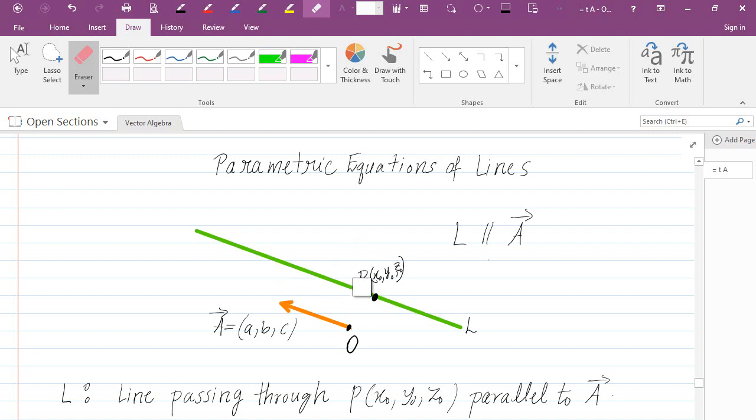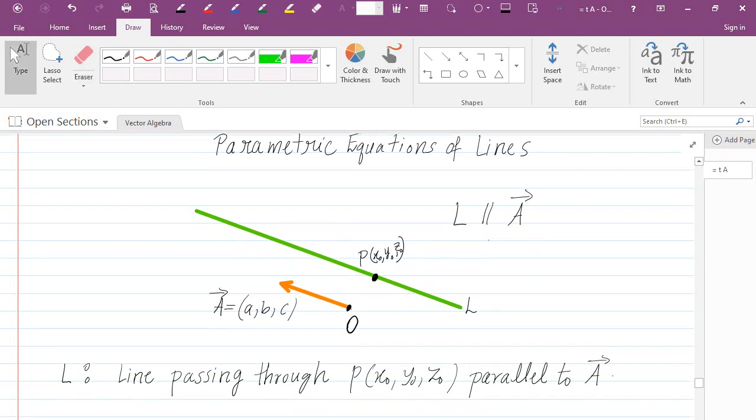Whatever I'm doing here applies to any dimension. For the purpose of this discussion, however, I'm picking points, lines, and vectors in dimension 3.